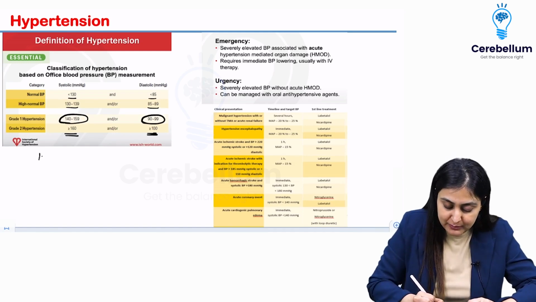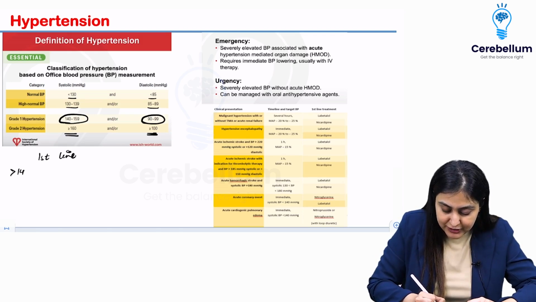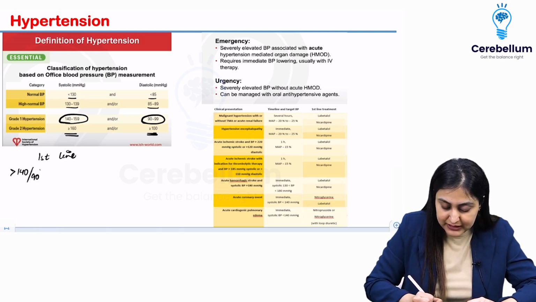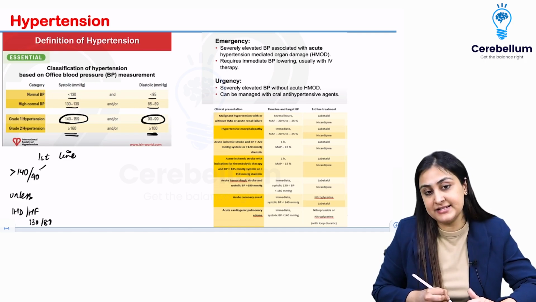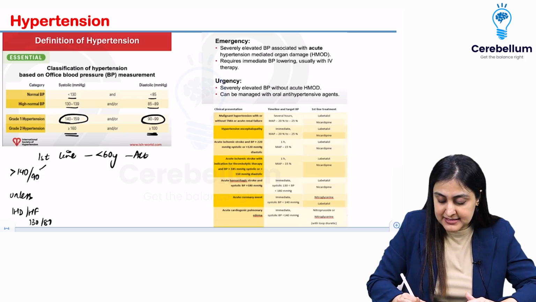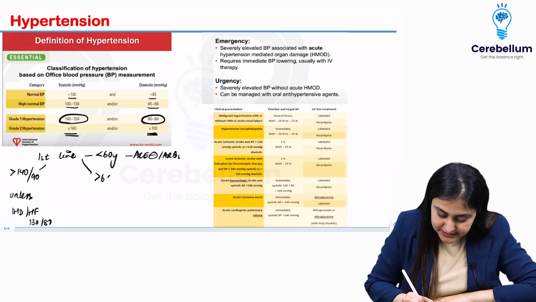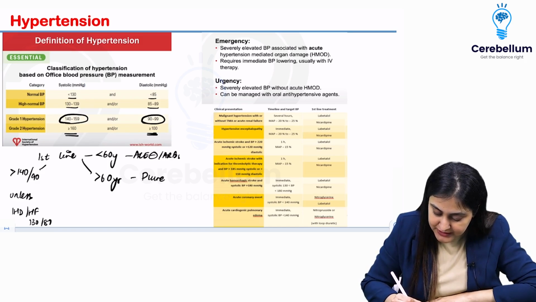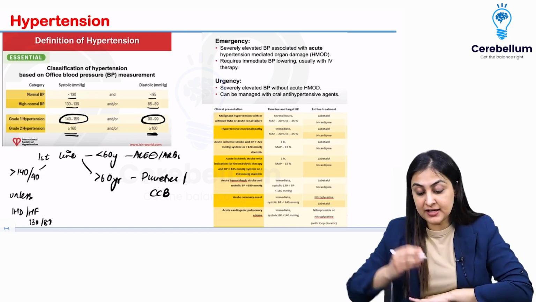So what you want to remember, the first line treatment, usually the treatment is indicated for anybody who is greater than 140 by 90 unless you have associated ischemic heart disease or heart failure, in which case you can start beyond 130 by 80. First line in patients who are less than 60 years is going to be ACE inhibitors or ARBs. But if more than 60 years, then it becomes diuretics or calcium channel blockers. Alright, so this is how the first line drugs are.